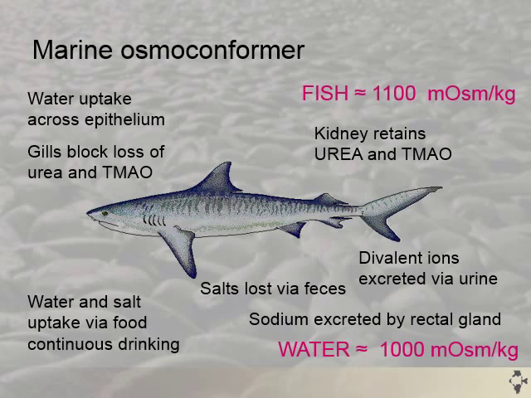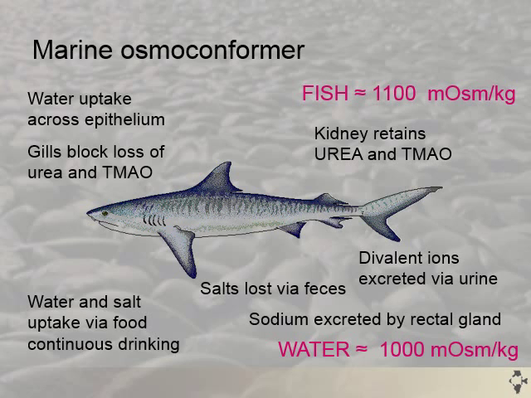And at the concentrations that these fish accumulate urea, it would normally result in mortality. But they also retain something called TMAO, trimethylamine oxide. This is a compound which essentially serves to counteract the toxicity of the urea.